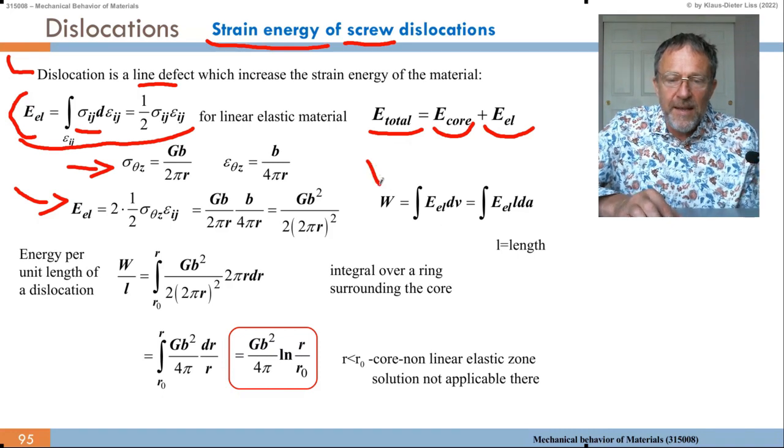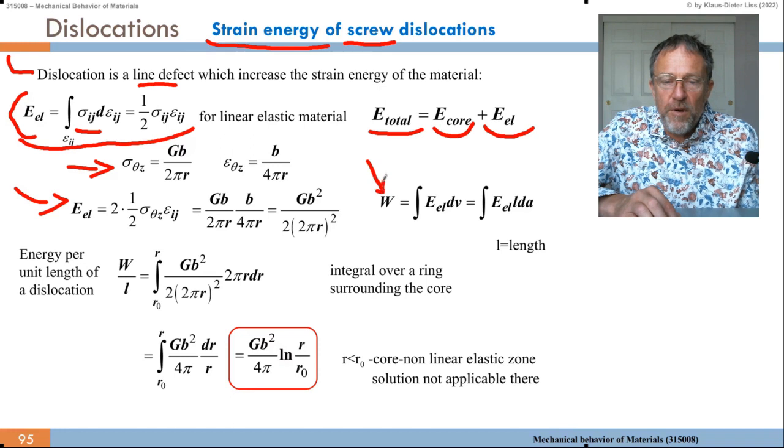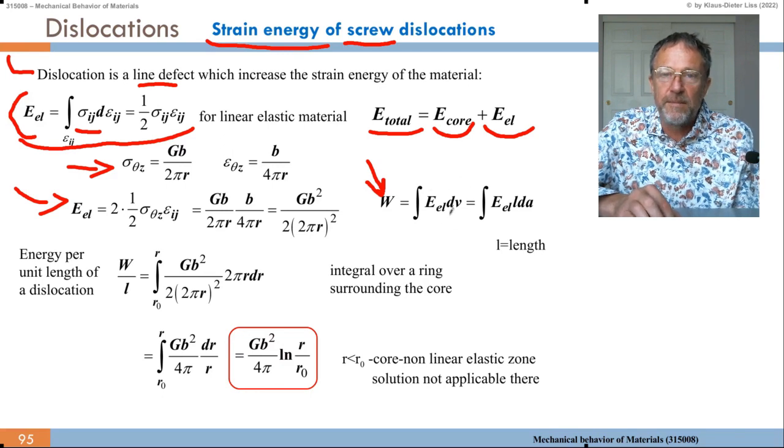Also, if we look at the work, the total energy needed is the integration of the elastic energy times the volume. So we integrate over the volume. This is the total macroscopic work. And we can now express the volume by the area dA of the dislocation times the length of the dislocation.